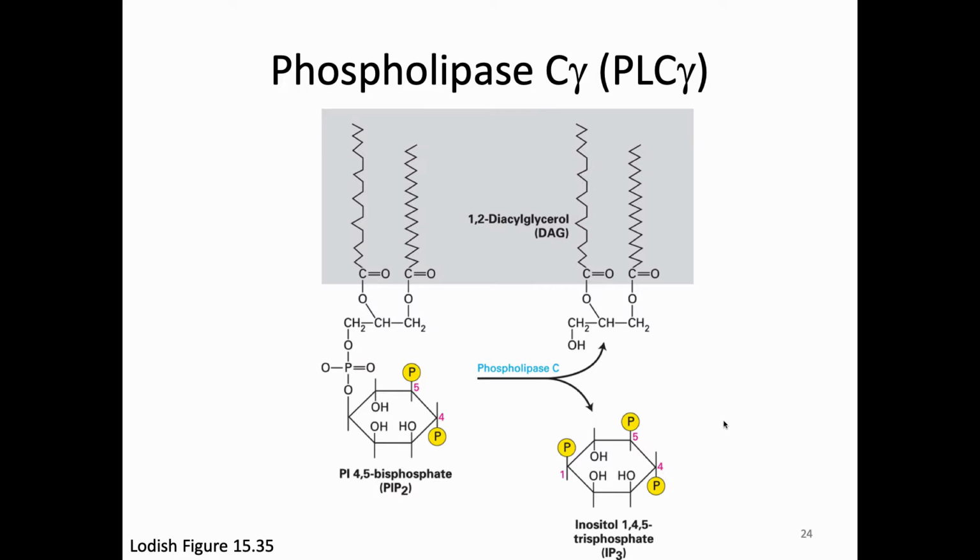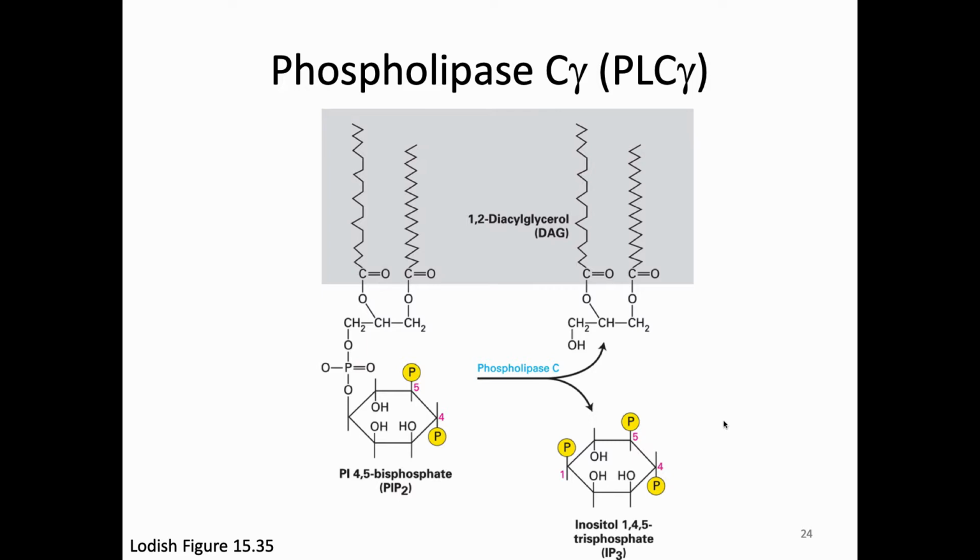A phospholipase cleaves a phospholipid. In this particular case, it is cleaving the head off, but in general, a phospholipase just cleaves a phospholipid. Phospholipase C gamma specifically acts on this phospholipid, PI 4,5 bisphosphate, known to cell biologists everywhere as PIP2.